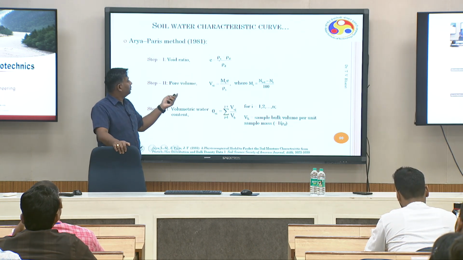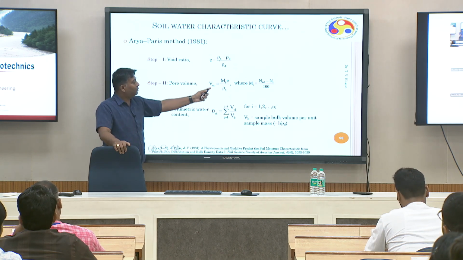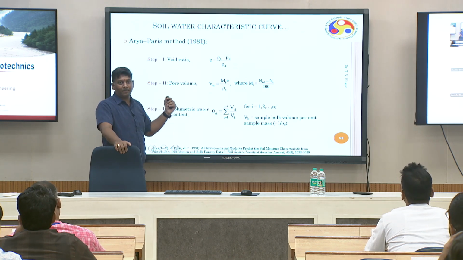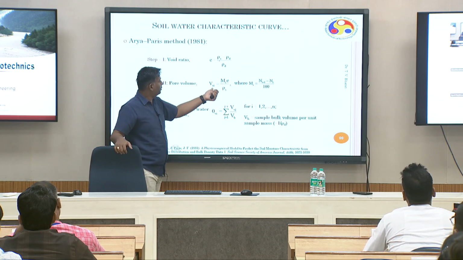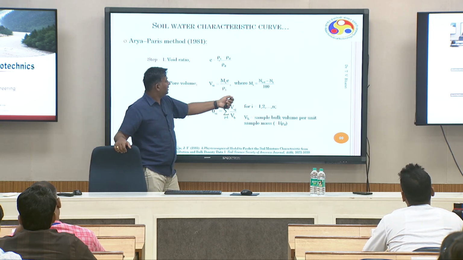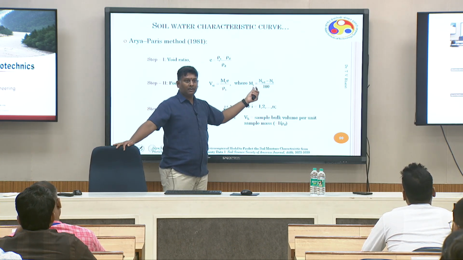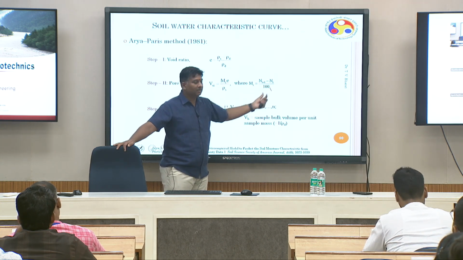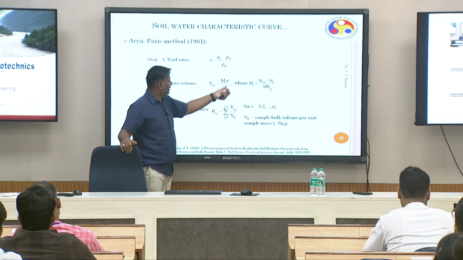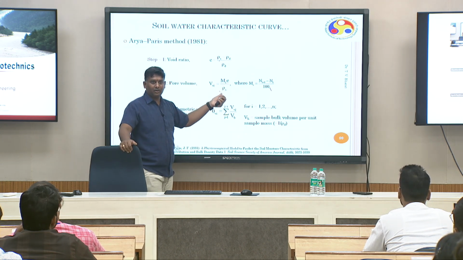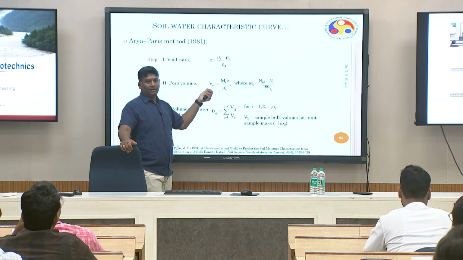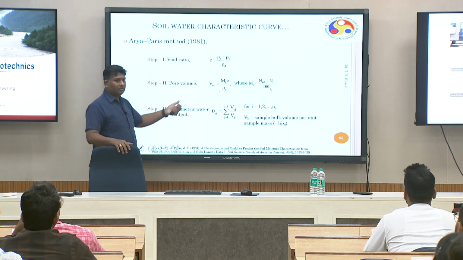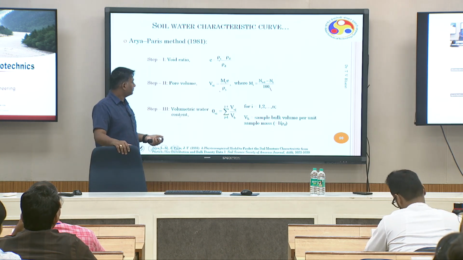Then you can determine the pore volume for individual segments. For the i-th segment, the pore volume can be determined using this. This is the percentage finer calculation from the (n+1)th segment to the nth segment. Based on the void ratio and ρs input, you can determine the pore volume for each individual segment.